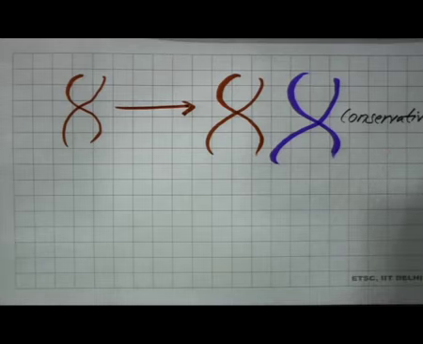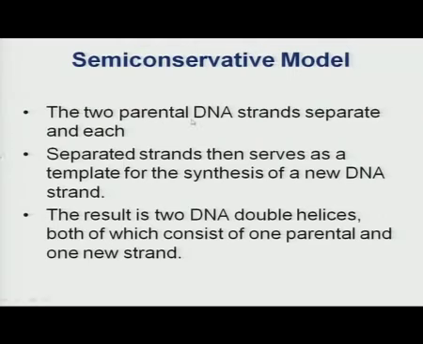The second model was the semi-conservative model, in which the two parental DNA strands separate from each other, and the separated strands then serve as a template for the synthesis of a new DNA strand. The result is two DNA double helices, both of which consist of one parental DNA strand and one new strand. Let us understand it in this way.